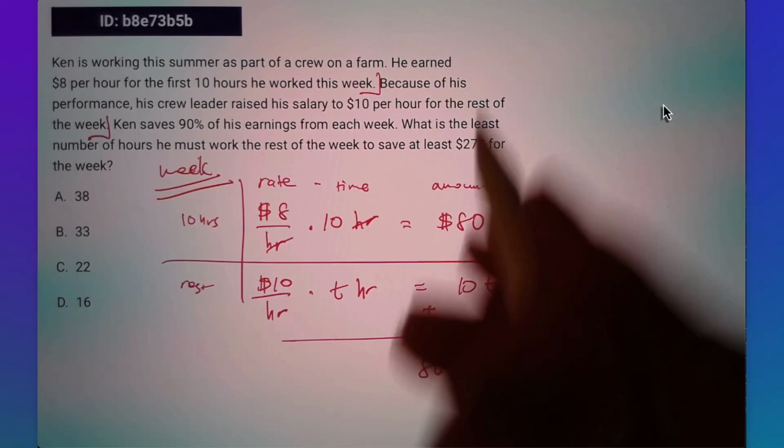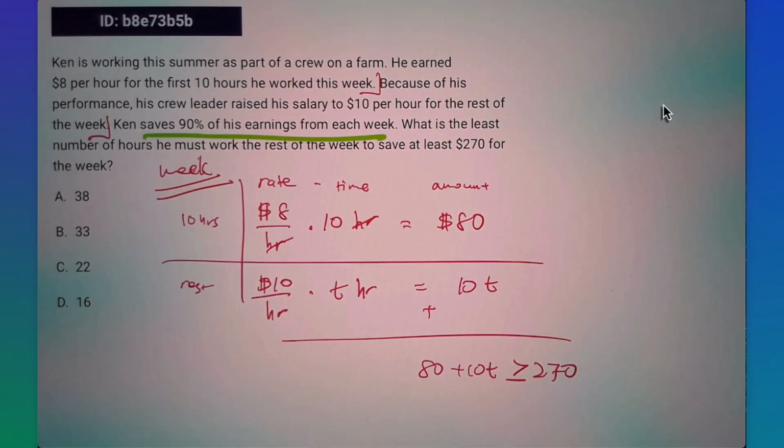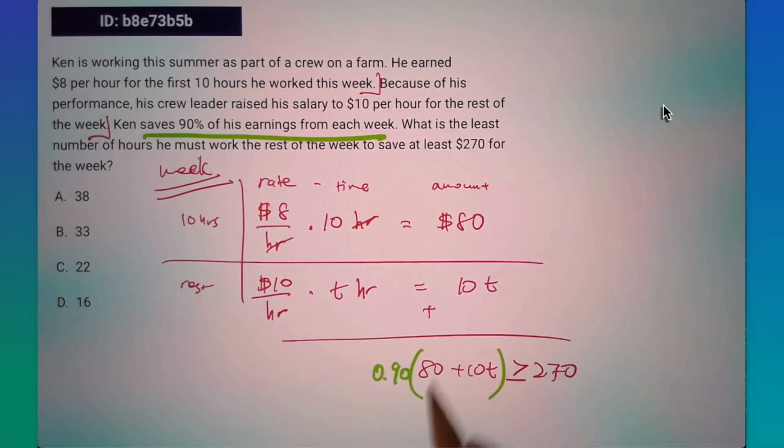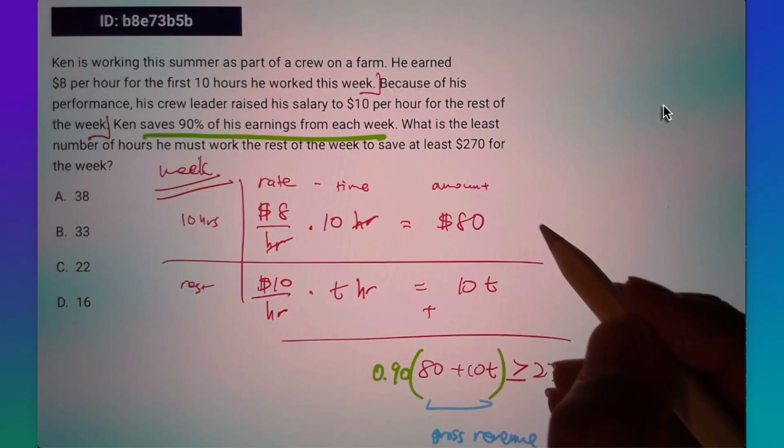But don't forget this: 90% of the earnings means you gotta multiply 0.9 on this gross revenue, and that's the sum of this.